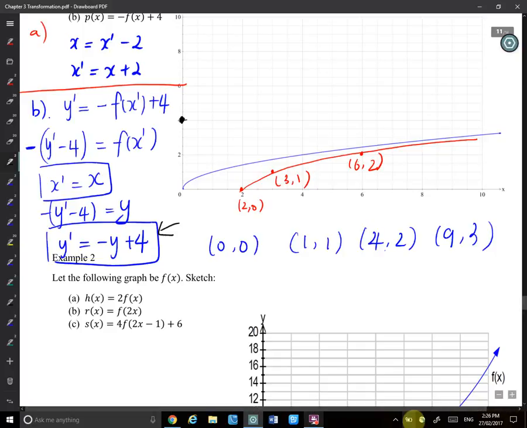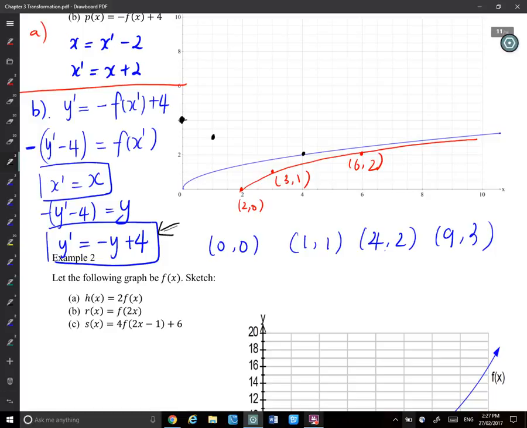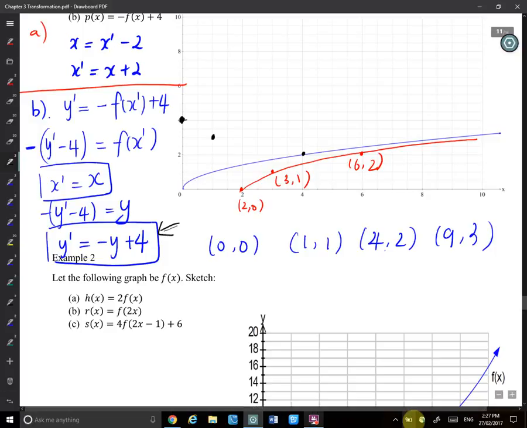The next one will be 1, 1. You sub y equals 1 into this equation to find minus 1 plus 4 is 3, so you have 1, 3. 4, 2: sub 2 in, minus 2 plus 4 is 2, so you still have 4, 2 here. 9, 3: sub 3 in, you have 1, so you have 9, 1, which is here.